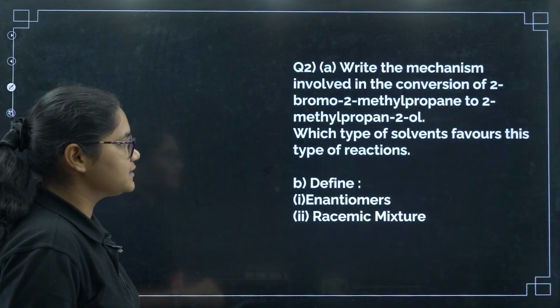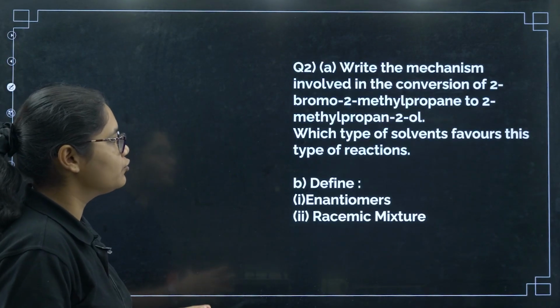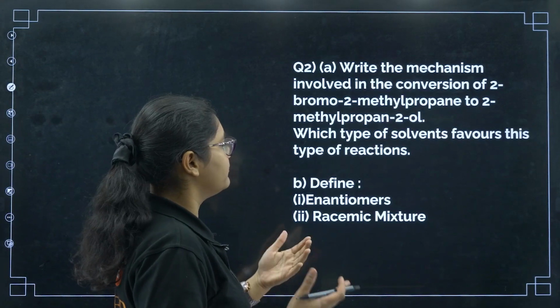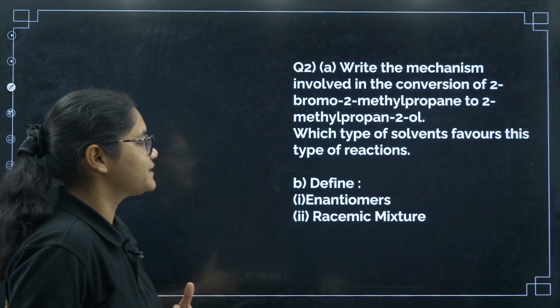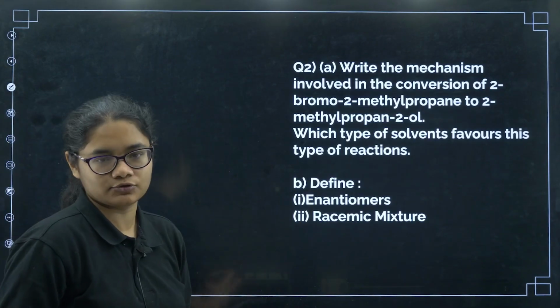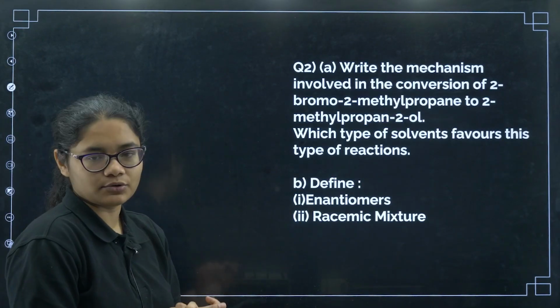Next, write the mechanism involved in the conversion of 2-bromo-2-methylpropane to 2-methylpropan-2-ol. Which type of solvent favors this type of reaction? And then you have to define these 2 terms. So 3 marks and 2 marks, total 5 marks.